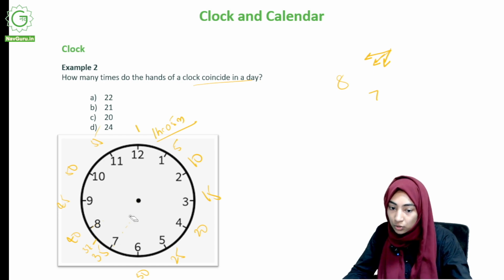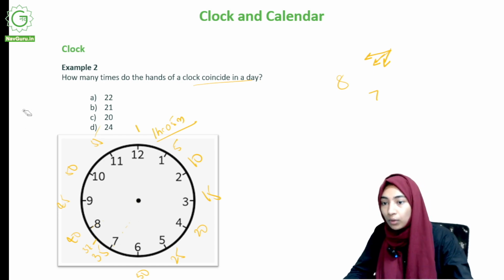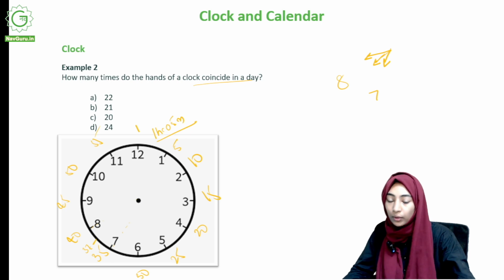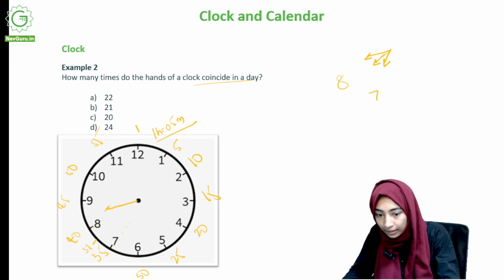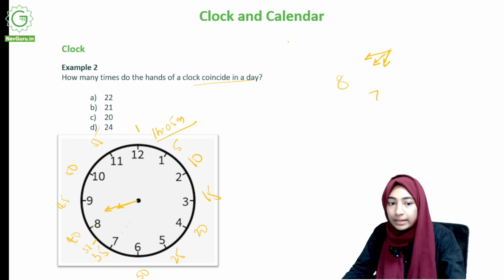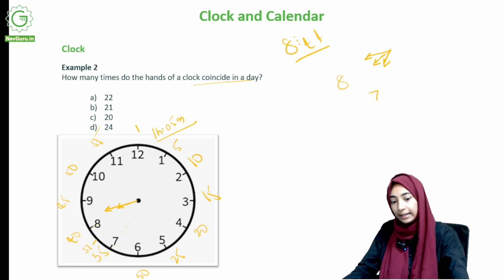Let's first look at the minute hand. When you say 8:43, the minute hand will be somewhere here, right? And the hour hand will be between 8 and 9, which is also somewhere here. That is when they'll coincide, at around 8:44 or something like that.